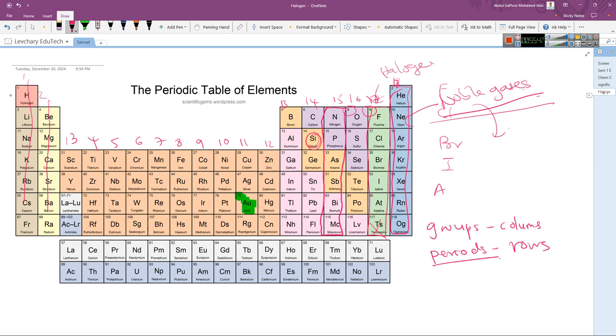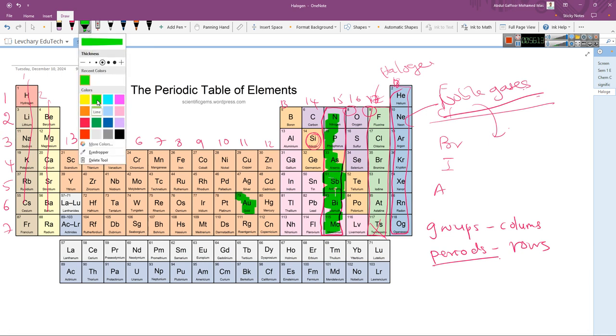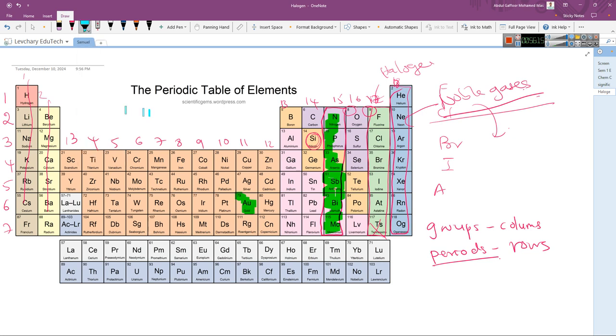So this is the first row: first period, second period, third period, fourth period, 5, 6, 7. So in the modern periodic table we have 18 groups and 7 periods, right? So in the 15th group and third period, what's the element here?